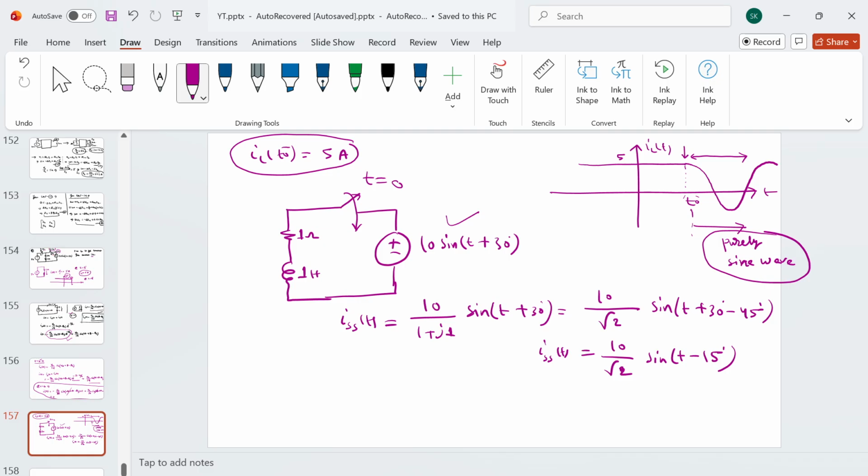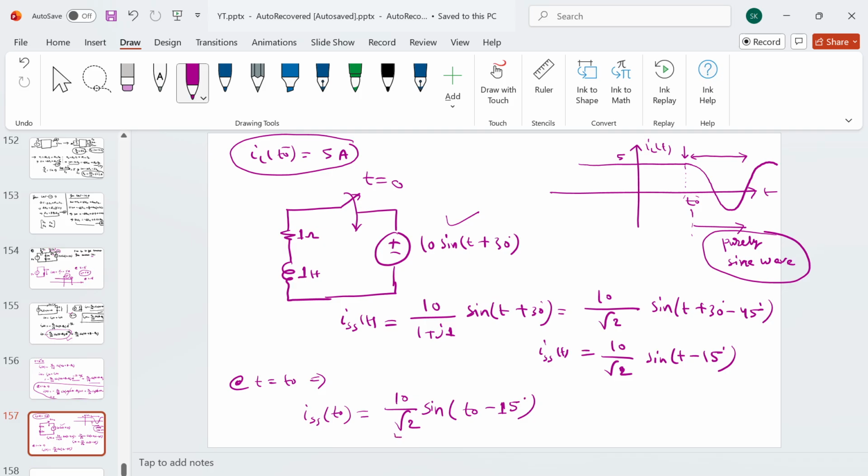Now, let's say I perform a switching action at t equal to t naught. At t equal to t naught, my steady state current I_s(t naught) is equal to 10 by root 2 sine(t naught minus 15).